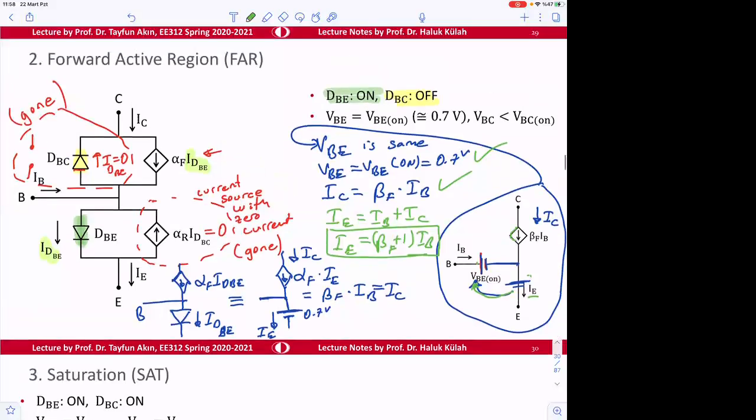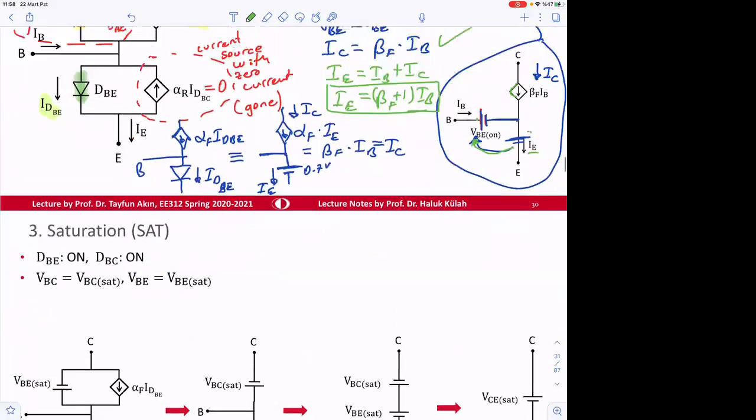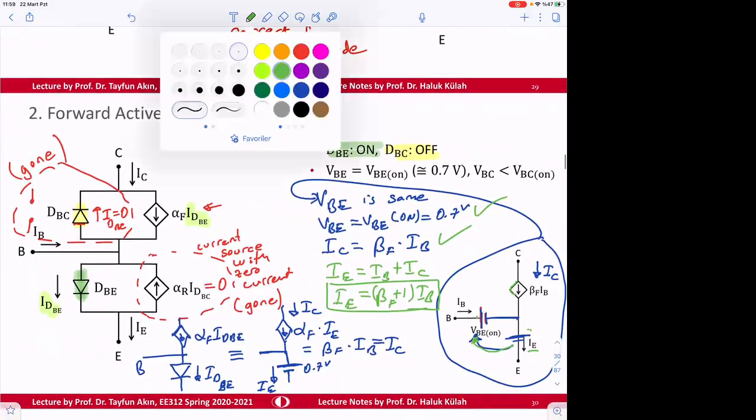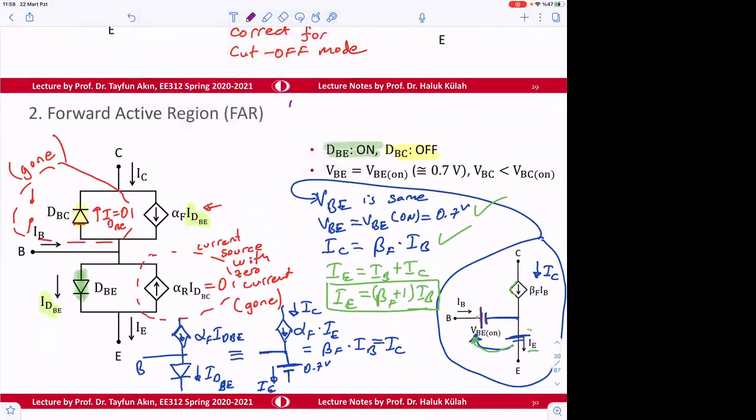Note that if you have a voltage source in parallel with a current source, and then you try to connect this to a resistor, which one is dominant?